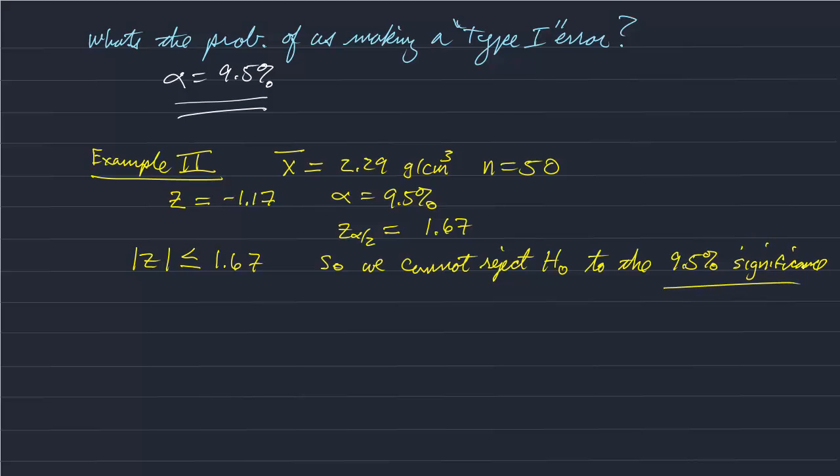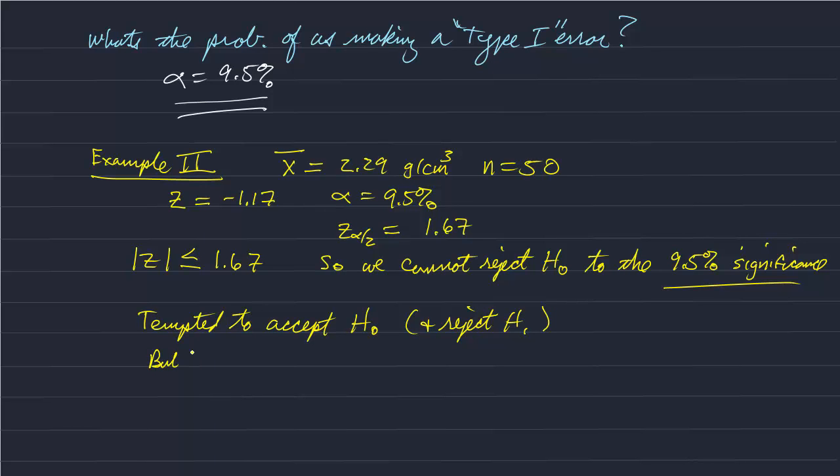Okay, so what do we do now? So we're tempted to accept H0. And if we accept H0, we would reject H1.